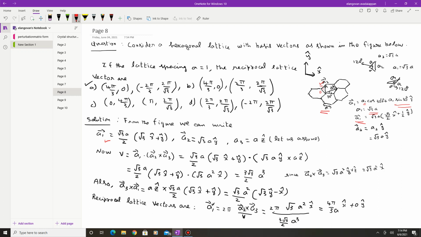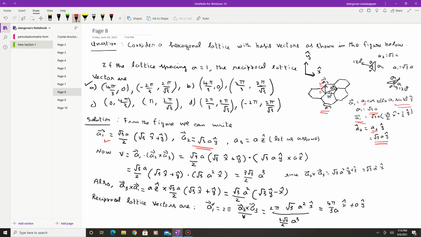If you calculate, the magnitude of a1 is root 3 a, and a2 is root 3 a y. So write down a1, which is the primitive lattice vector. Another primitive lattice vector a2 is root 3 a y.